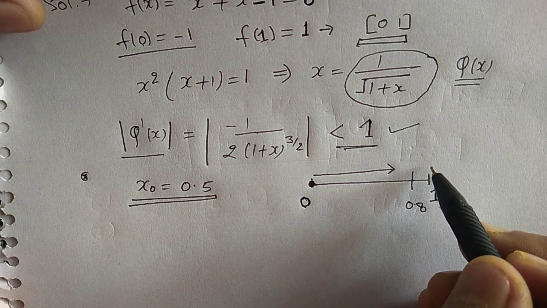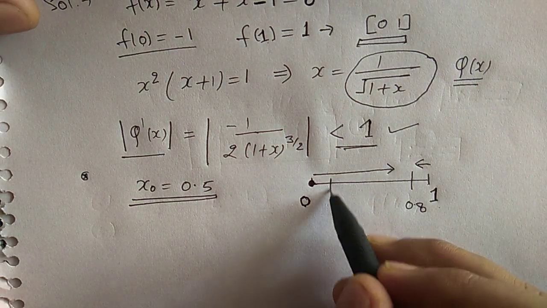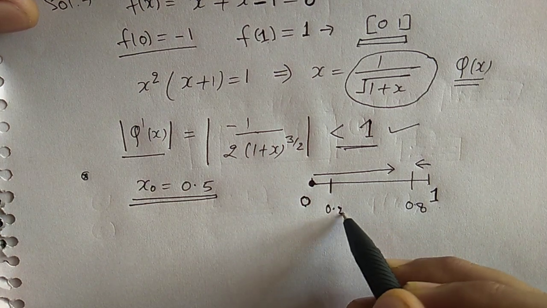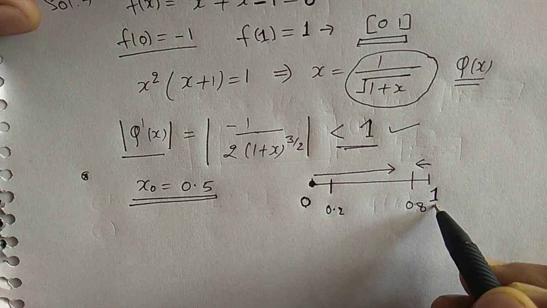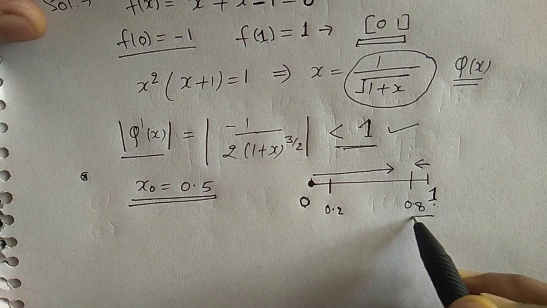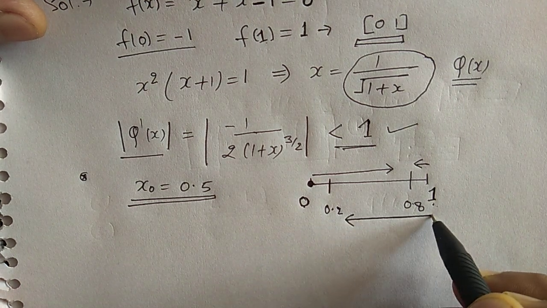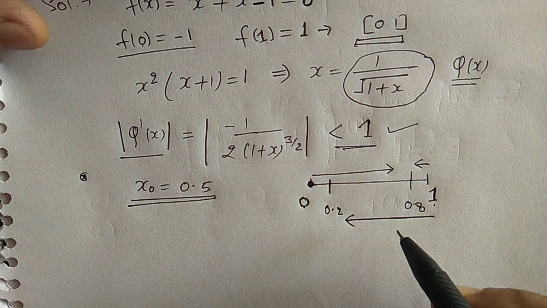If you take 1, you may reach safely, but suppose your root is 0.2 and you take the initial guess 1, you have to move from 1 to 0.2, so this also takes more iterations.